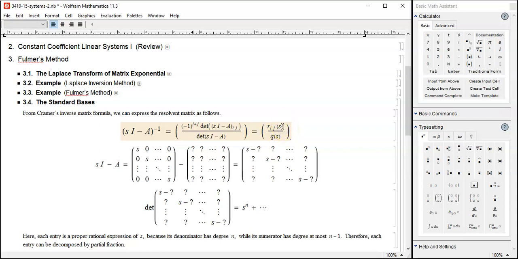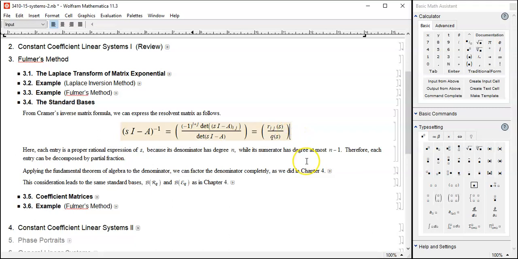This one is n minus first degree or lower. So everything is proper rational. So this whole thing is proper rational. So this matrix expression here will have this kind of thing. So let's see. Here's a wildcard numerator, I don't care what that is. And in the denominator, there will be appropriate factorization.